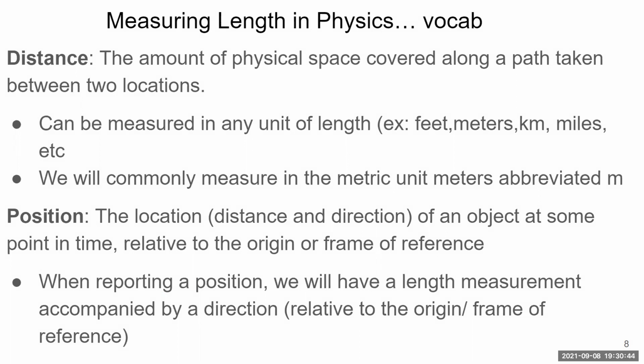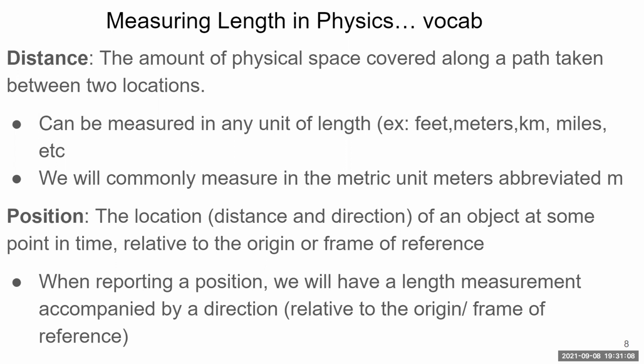So distance is the amount of physical space covered along a path taken between 2 locations. How far are you traveling as you go along your route? That depends, right? Some routes are shorter than others as we go between 2 places.